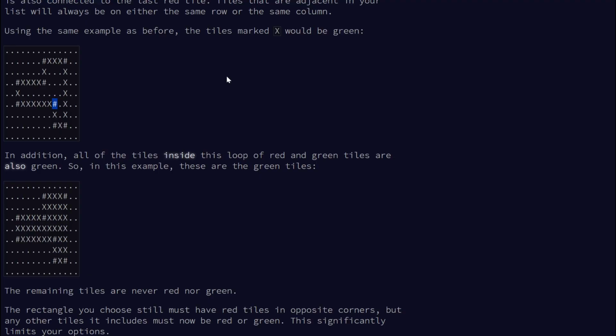Are there any red tiles on the perimeter of what I'm building?